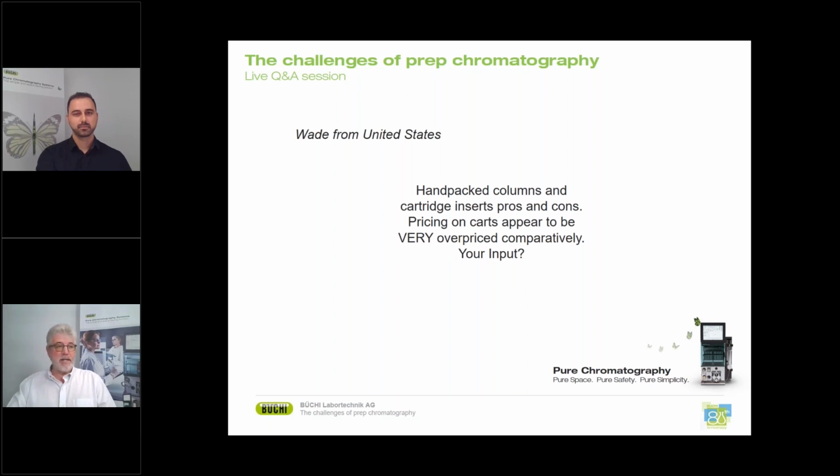So people might think that the price of an open column is much lower than for a pre-packed cartridge. But you have to consider a few other things. You have to fill the column yourself. You have to empty the column after you used it. You have to rinse the column. You're using time, you're using people, you're using solvents that you need to pay, and so on.